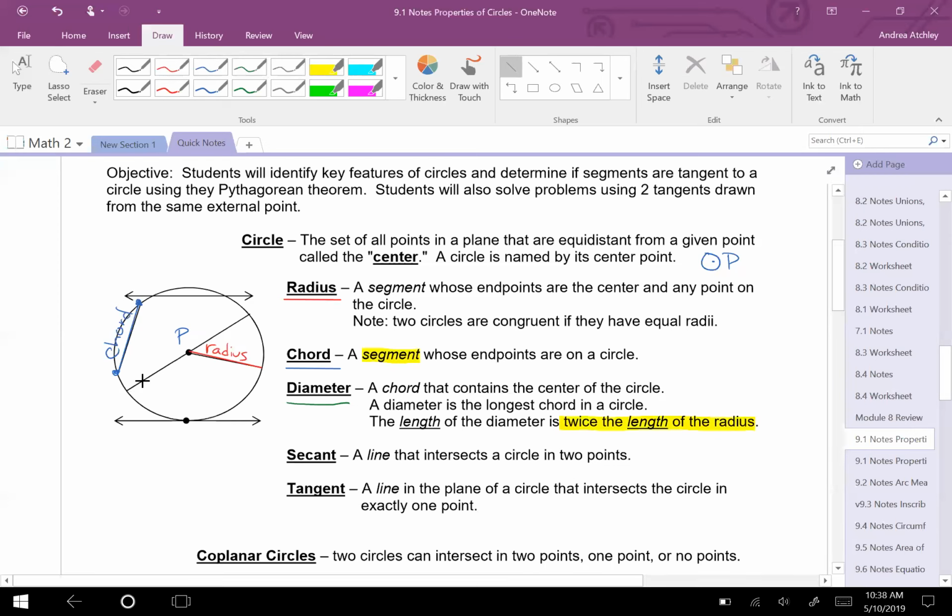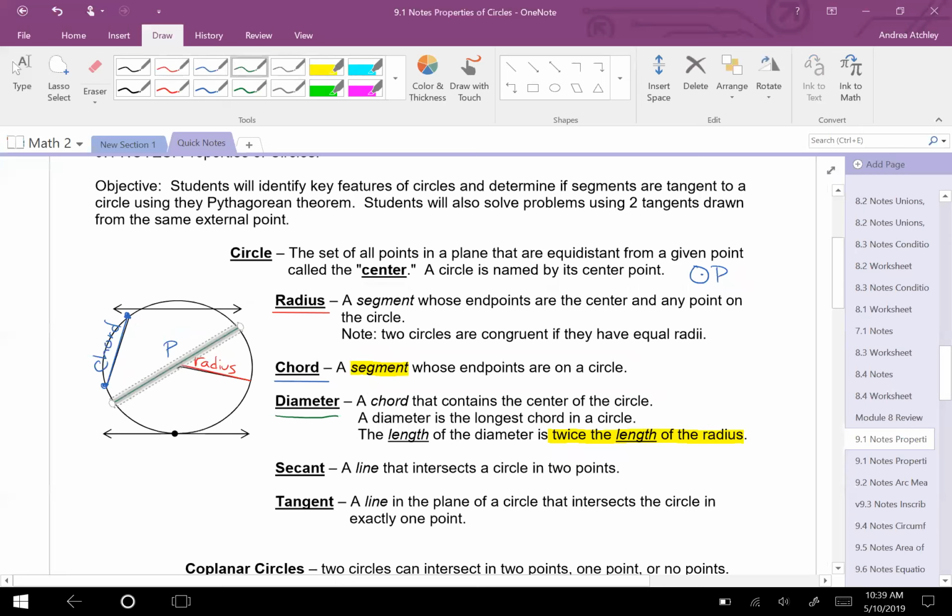So that's this right here. That's the diameter.